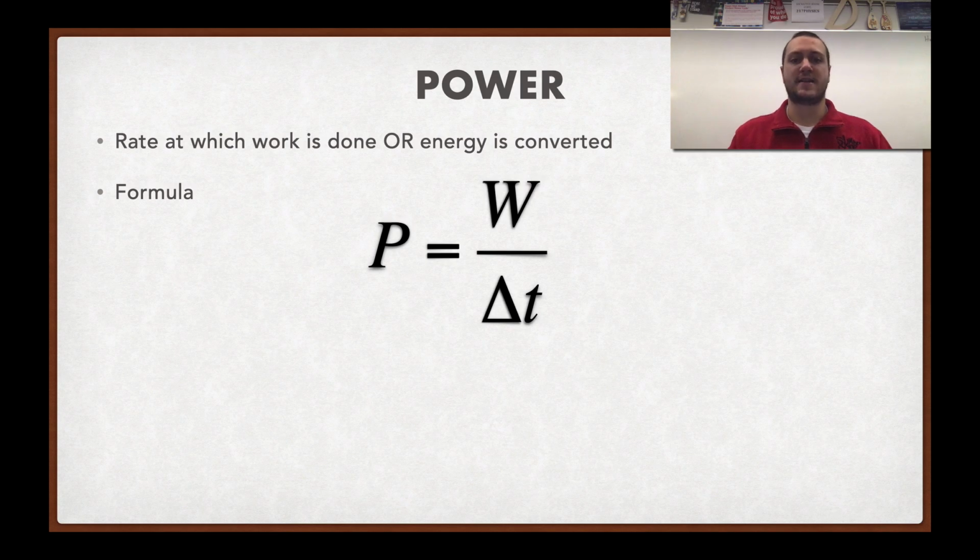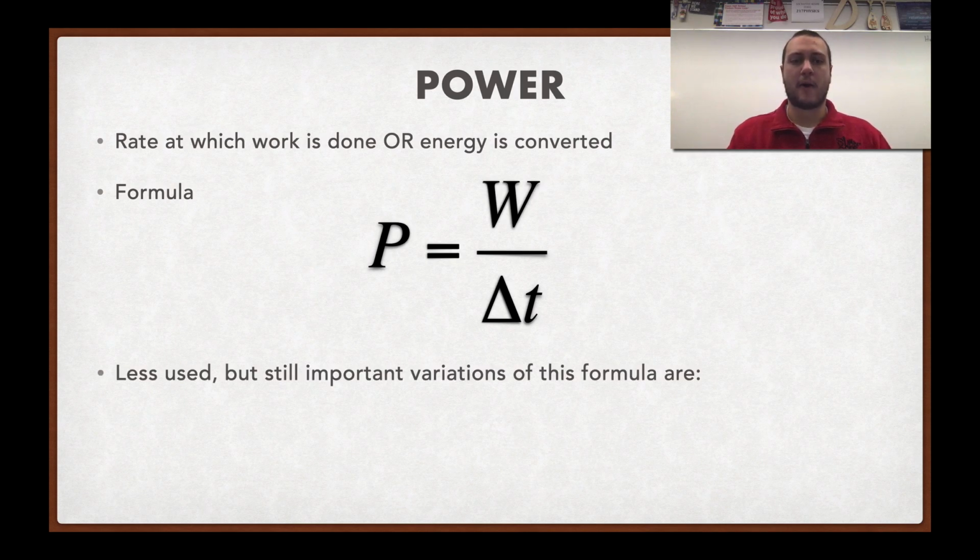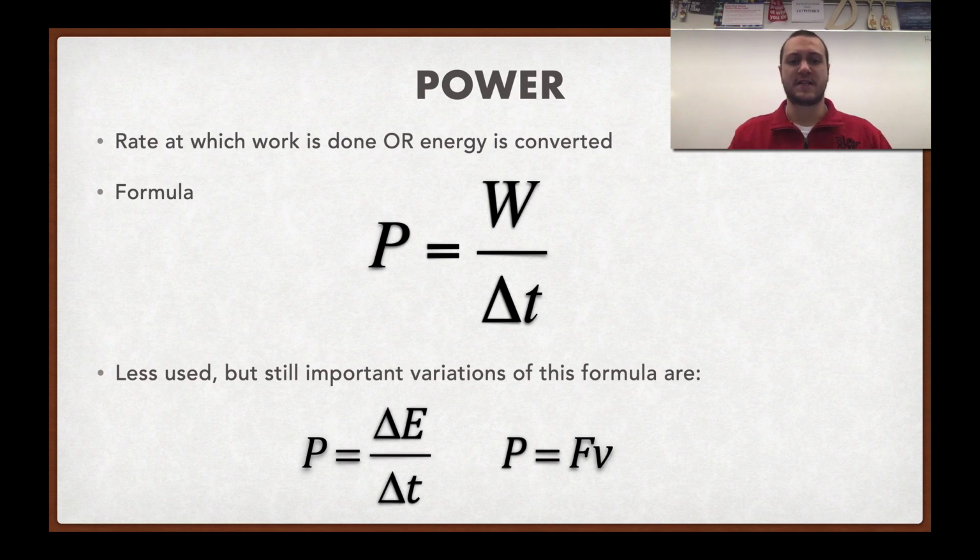It's all about the idea that the work that you're doing or the energy that you're converting is then seen as a rate. It's the rate that we are able to do work or the rate that we get energy to convert. So power is work over time. Power can also be, as previously stated, our change in energy over time, or this even less used variation, the force times the velocity.